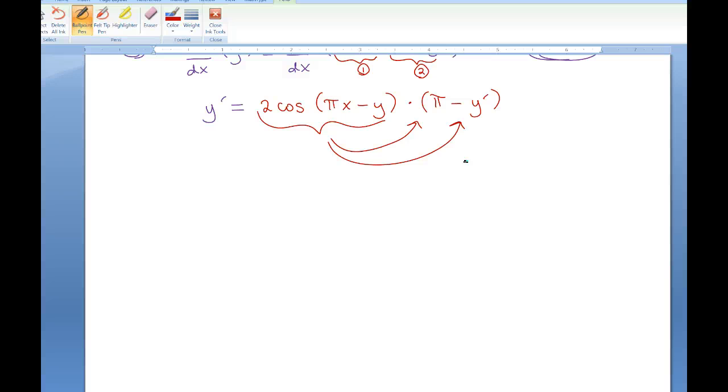Here's your example where you have to distribute. You should recognize that 2 cosine of pi x minus y is one whole term. Are pi minus y prime 2 terms?